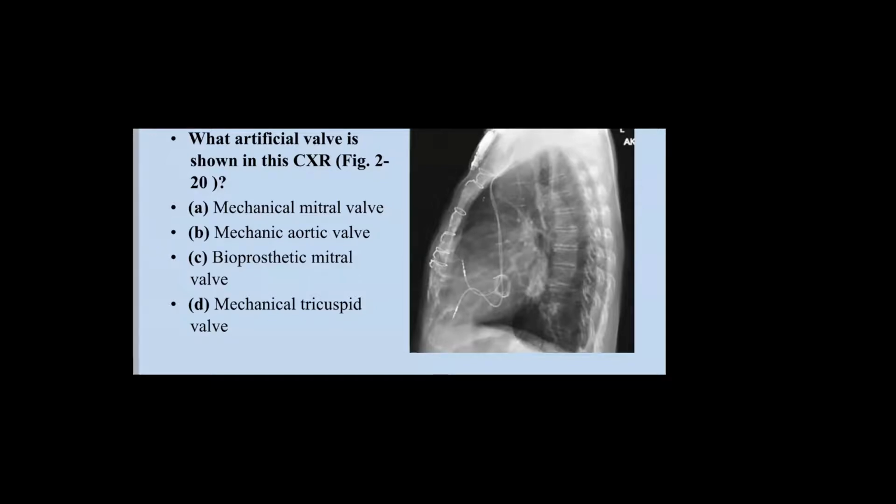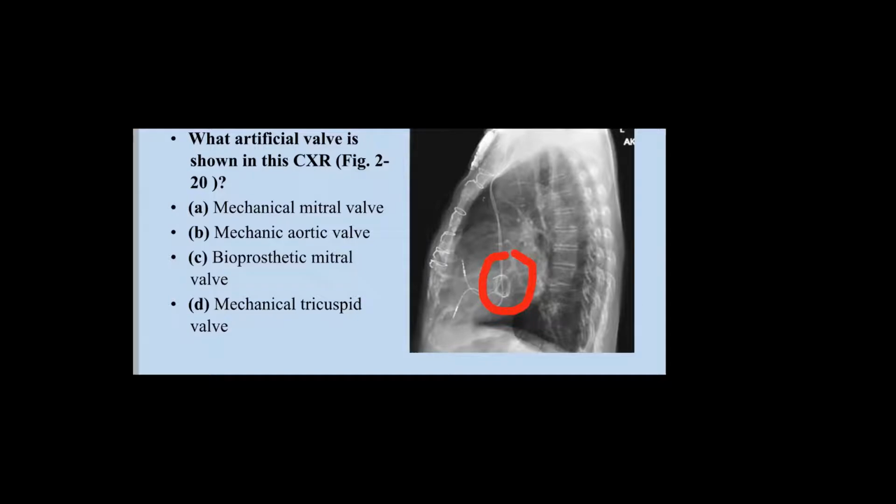It could be a ring or some material. Exactly, thank you so much. That's the struts of the bioprosthesis. The struts of the bioprosthesis are radio opaque. The rings of the mitral and tricuspid valve are radio opaque.